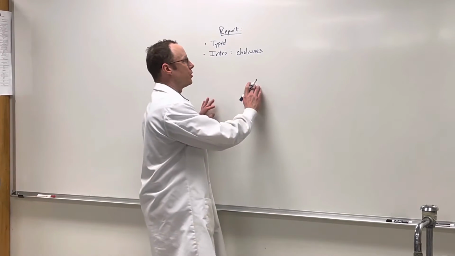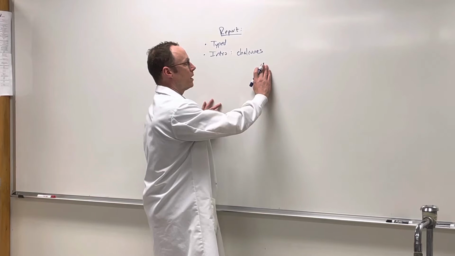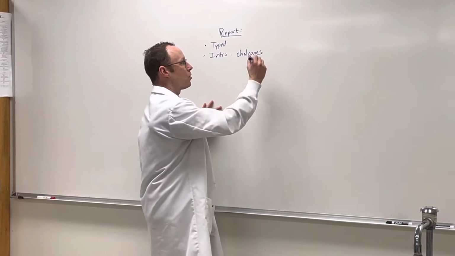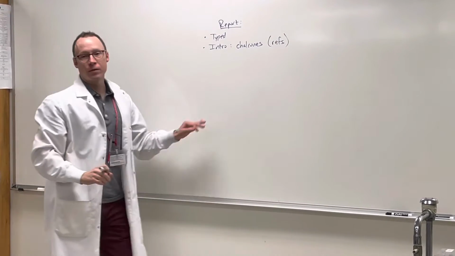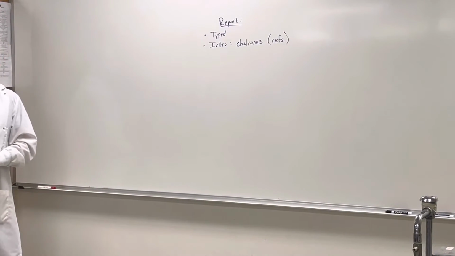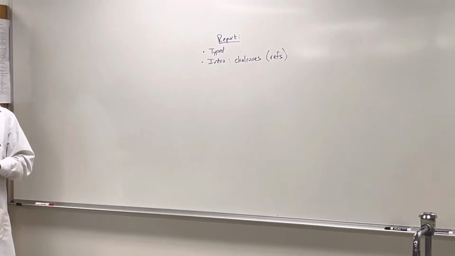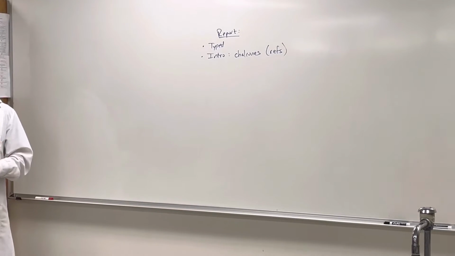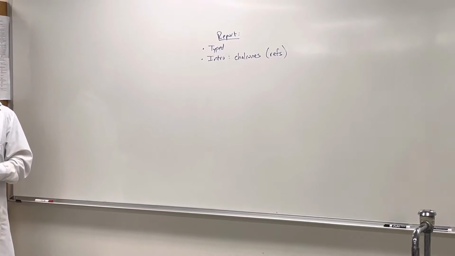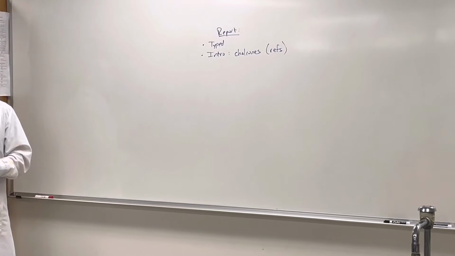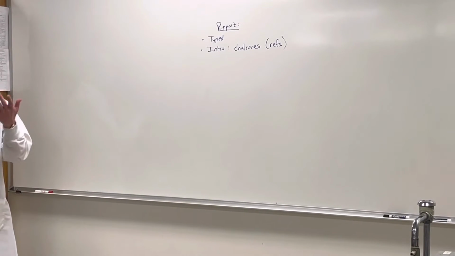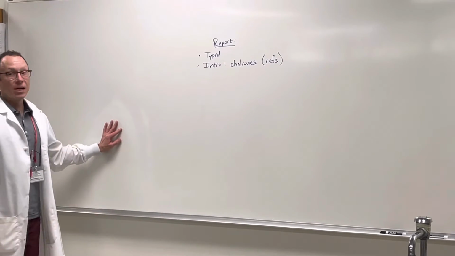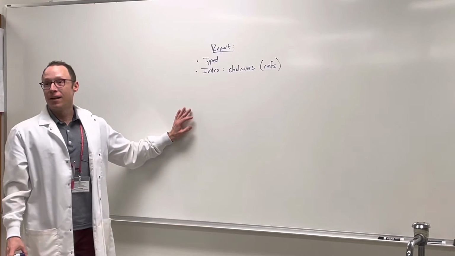Because you're going to be researching some outside sources, you obviously want to have appropriate references as well. And I don't really care how you format this, like in English all the time, what is it? MLS? MLA, that's what it is. Whatever, it's been a long time since I've written an English paper.